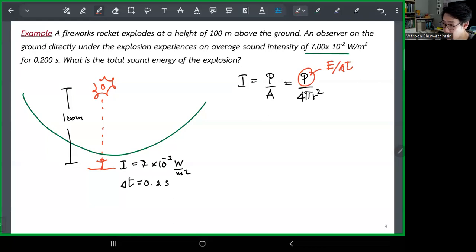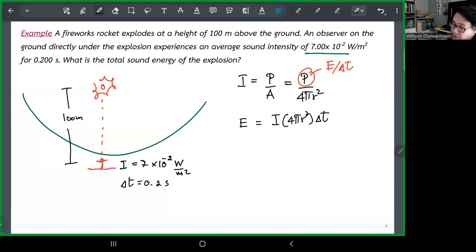So if you trace back to the energy, all you need to do is take intensity, multiply by the surface area, then multiply by the interval of time that you're experiencing that sound. You will be able to calculate the energy. And you're done. Woohoo! Easy? All right.